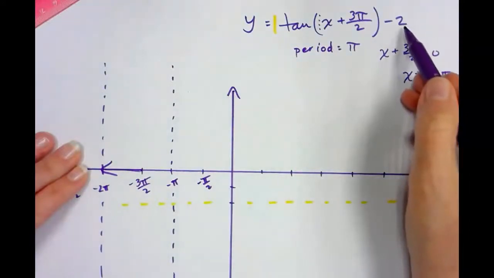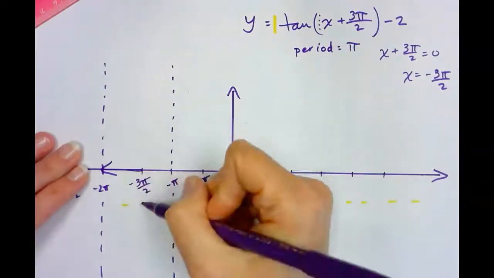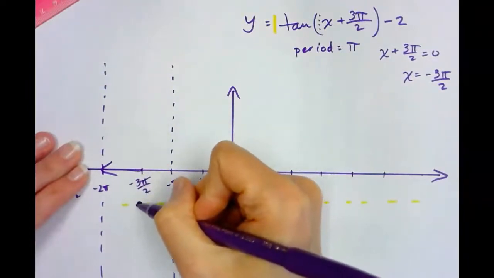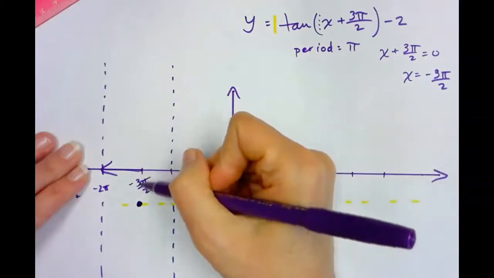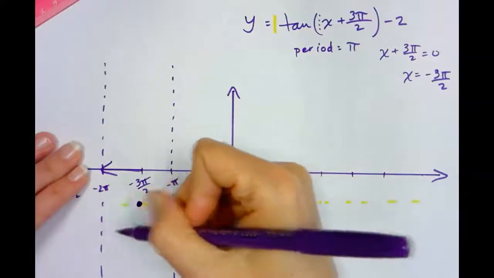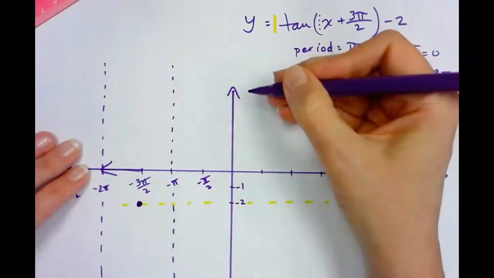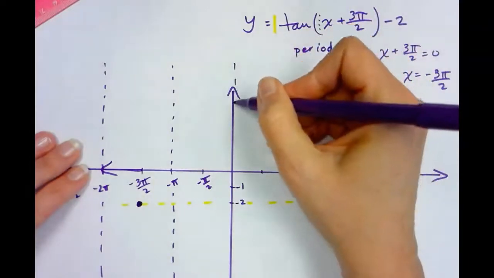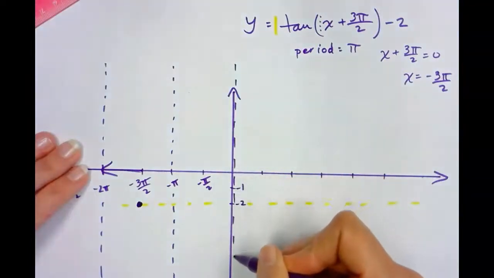Remember that we have a vertical shift down 2. So my first point is going right there. Back 3π/2, down 1, and then this is the total length of my period in between these two asymptotes. So we're going to have another asymptote at the origin at x equals 0.